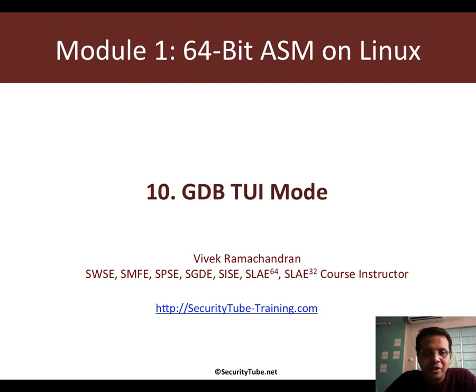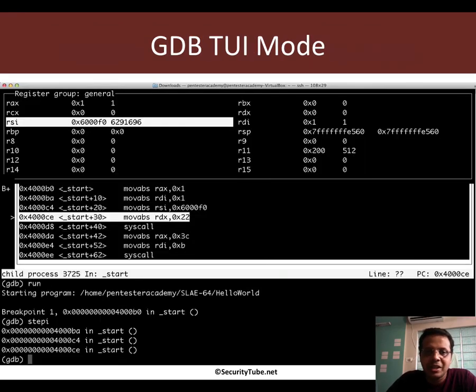Now in this short video, I will introduce you to GDB's TUI mode. TUI stands for Text User Interface, and unbelievably your GDB instance, while you are debugging your assembly language programs, or disassembling shellcode and seeing how it works, would actually look like the screen currently.